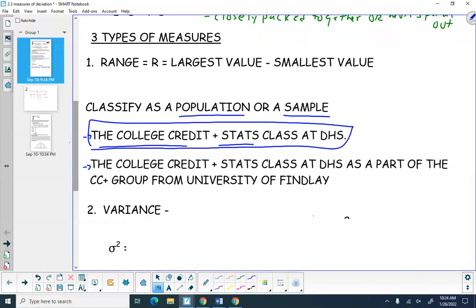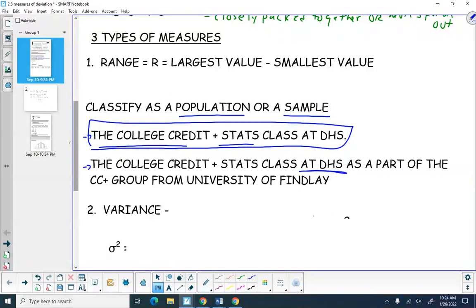Then in the second one, College Credit Plus as a part of the entire group of people through the University of Findlay, would the DHS class be a population or a sample? Which one would you be in each of those scenarios? A population or a sample? Write it down.